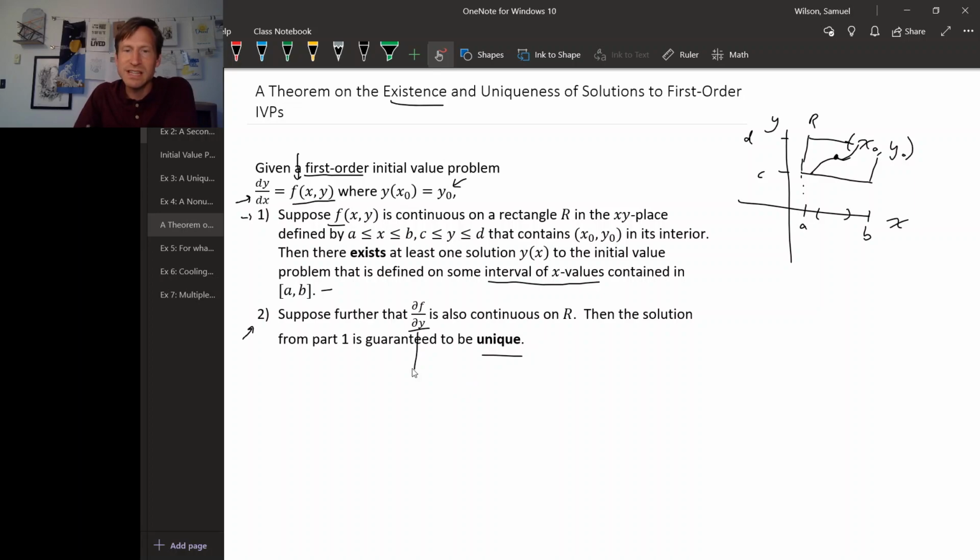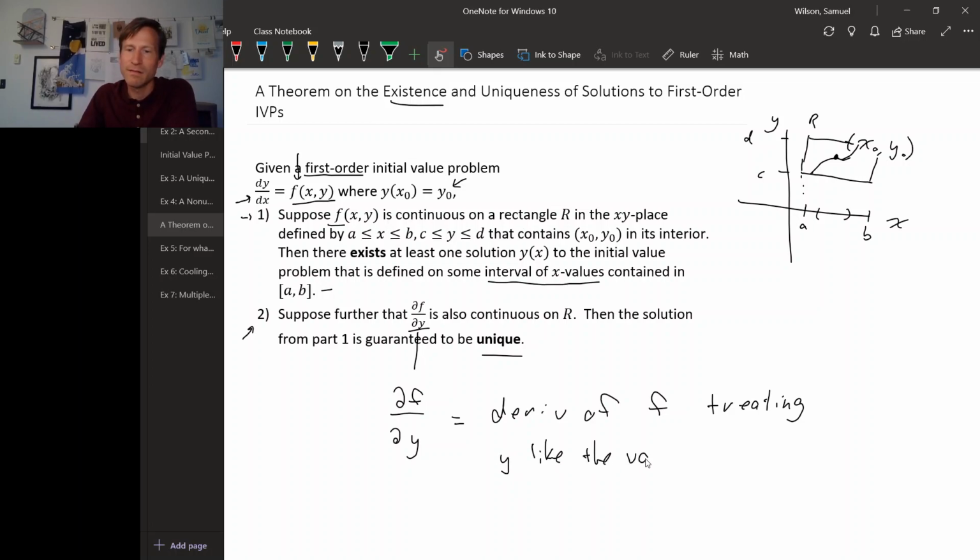Now, if you haven't seen these symbols before, hopefully they look reminiscent of a derivative, and that's because they are a derivative. This is just the derivative of f, where you treat y like the variable, and you treat x like a constant.